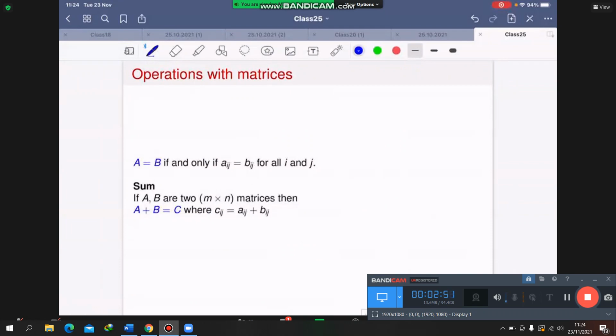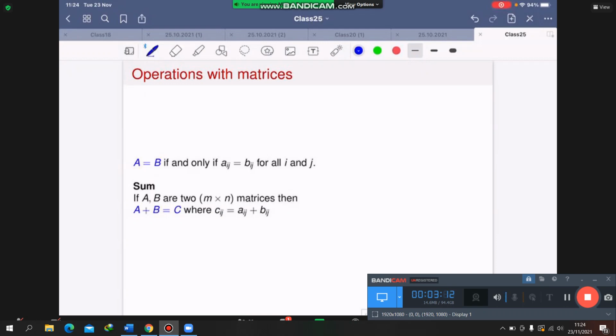Let me state some properties of the matrices. Two matrices are equal if and only if all respective entries are equal.